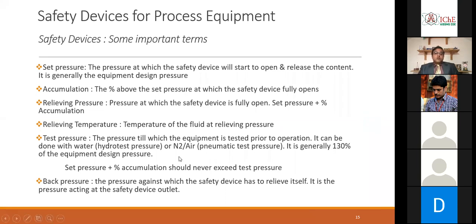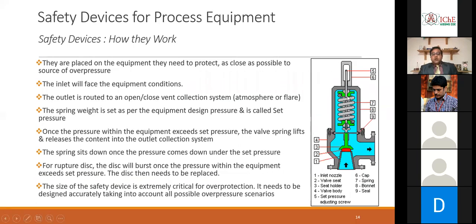The first thing is the set pressure. Set pressure is the pressure at which the safety device will start to open and release the content. It is generally the equipment design pressure. So if I go back here, I would adjust the screw and apply that amount of weight over it, which is equal to the design pressure of the equipment.